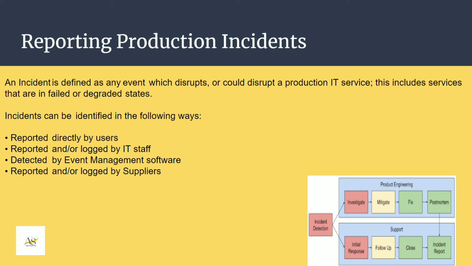And again, we're not going to get into that life cycle yet, but just to show you, that's the life cycle where there'll be an investigation, some mitigation, like some workaround, some resolution or fixes come, and then of course a postmortem where we identify what happened and then file an incident report. But we're not going to get into all of that today, just to whet your appetite for what could be coming in terms of additional videos on production incidents.